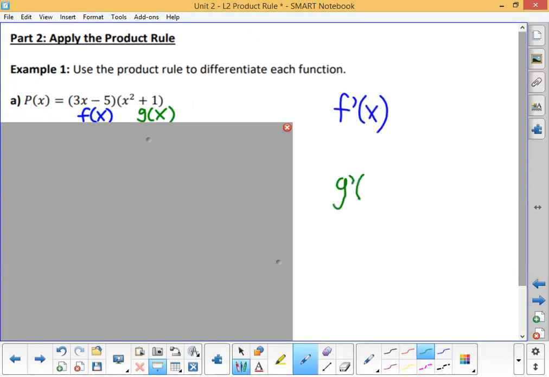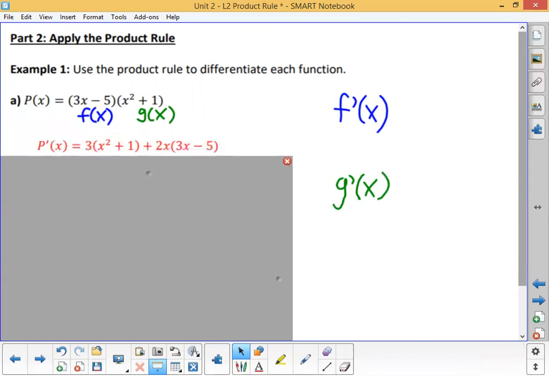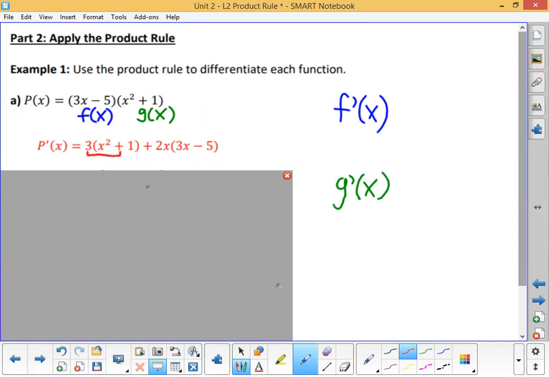In order to apply the product rule, I need these two derivatives. So let's say this again. The derivative of the first times the second function. That's what I'm talking about right here. The derivative of the first.